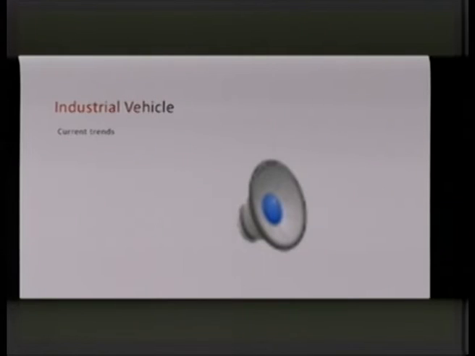I have some video to share of current industrial vehicles. This is the logistics sector that I'm involved in. Currently, instead of vehicles driven by humans, the current trend is industrial vehicles driven by robots.